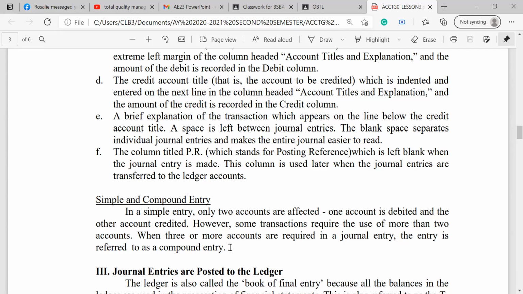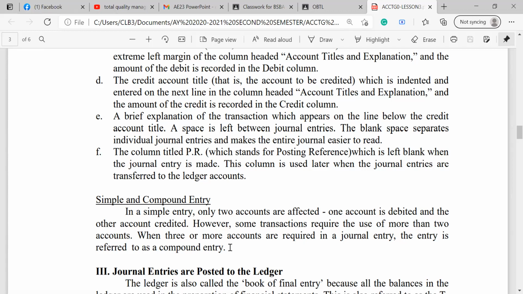Second account affected, since nagbayad tayo ng down payment na 20%, equivalent to 20,000, nabawasan yung ating cash na 20,000. Okay? And the third one, since meron tayong balance, may 80,000 tayong inutang, apektado yung ating accounts payable.